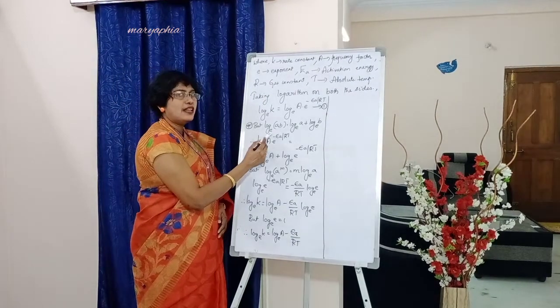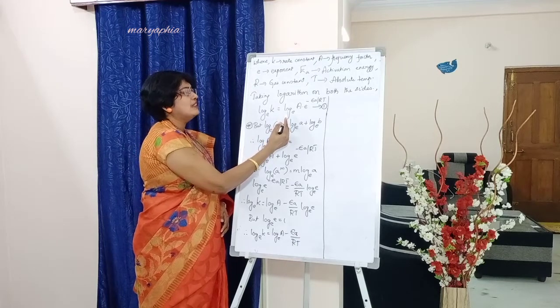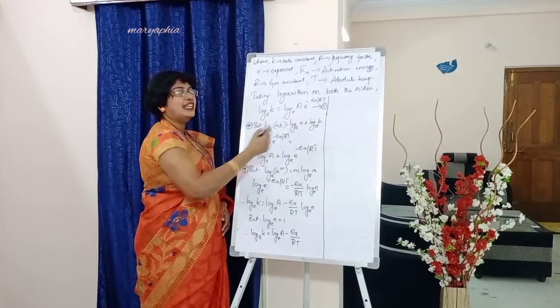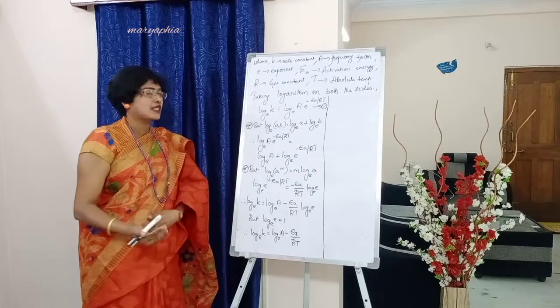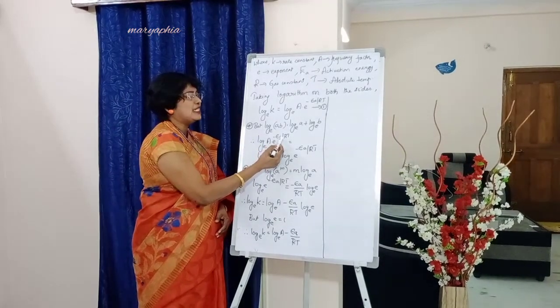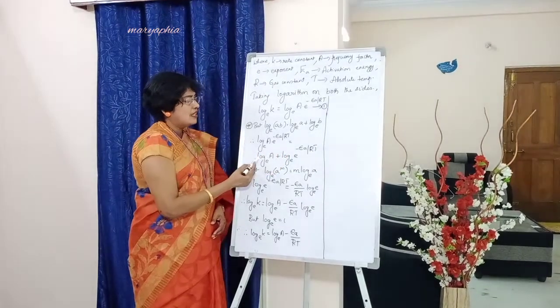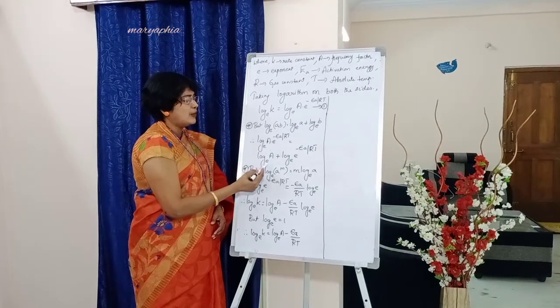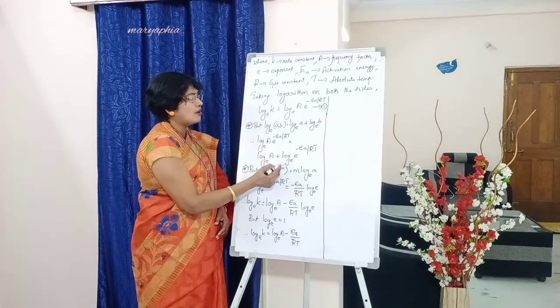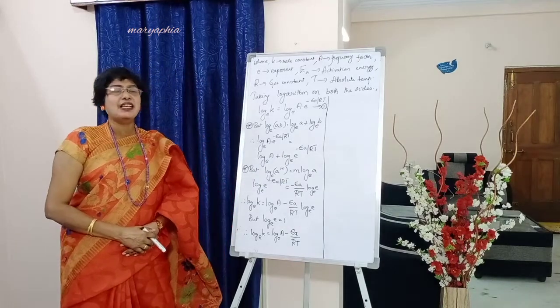Now look here. In our equation, log of A into e is there. So we will split this. Therefore, log of A into e to the power minus Ea by RT base e will be written as log of A base e plus log of e base e to the power minus Ea by RT.